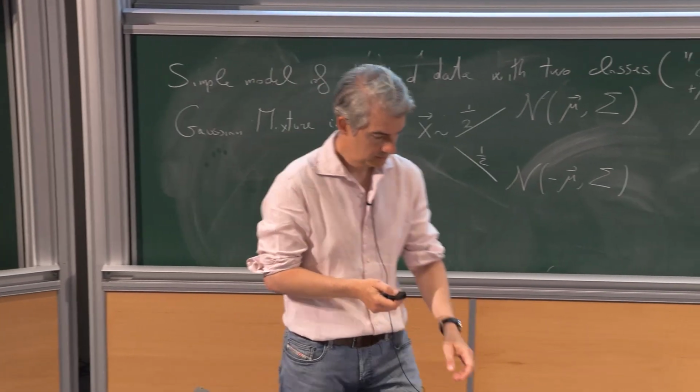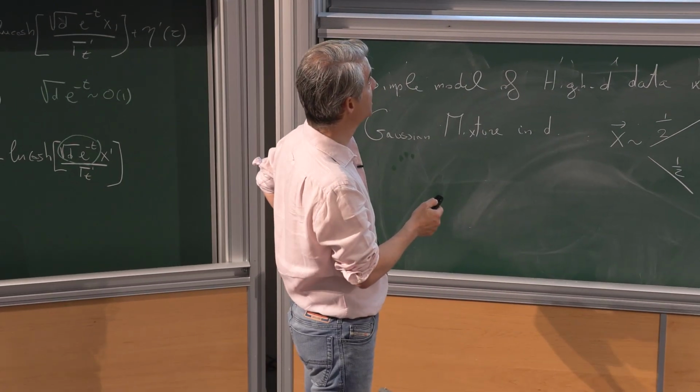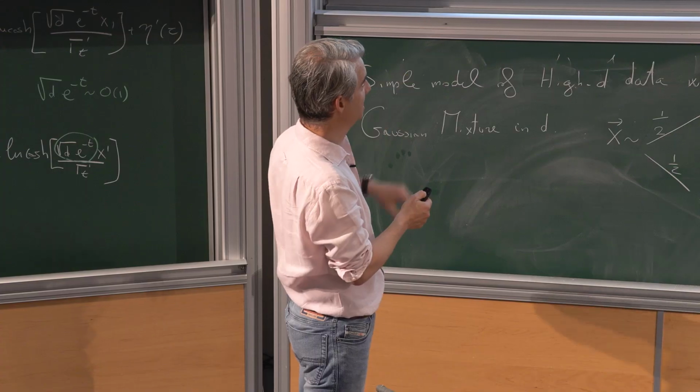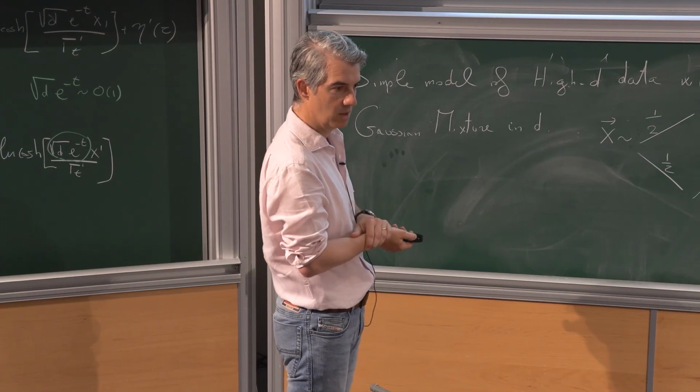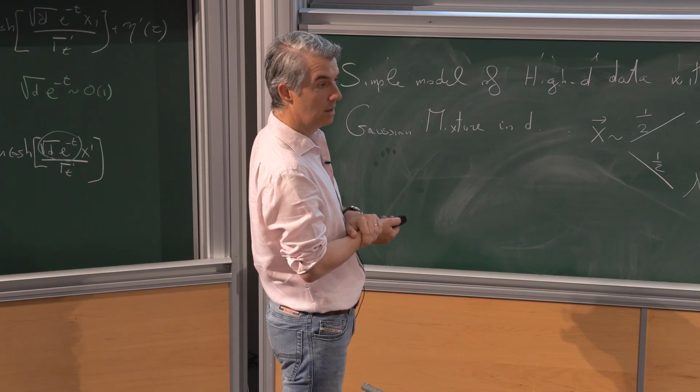Capital N was the dimension; this is 64 by 64 times 3 because of the color. So the dimension is 12,000, and you have 40,000 samples.